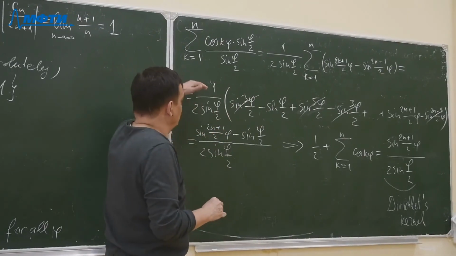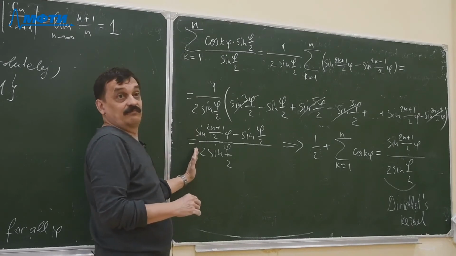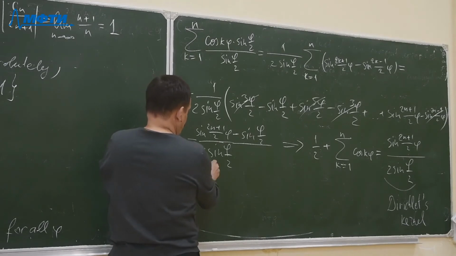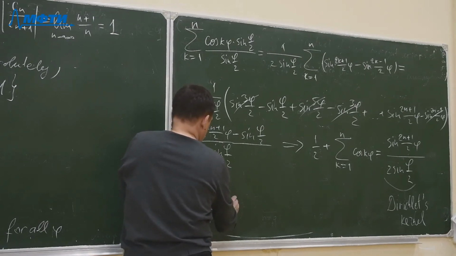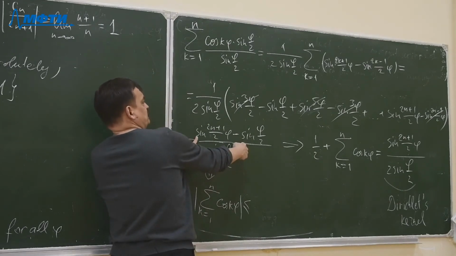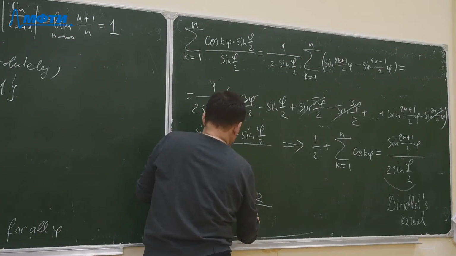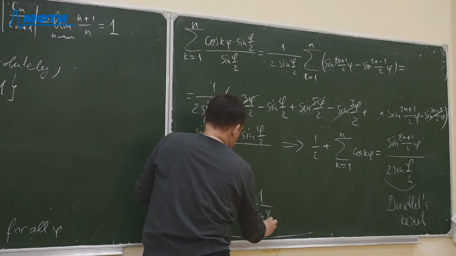But for a while, what is important for us? Look, boundedness, right? So what we deduce: we have an estimate, the sum over k from 1 of cosine k phi is less or equal, I replace the numerator by 2, cancel 2, to 1 over sine phi over 2.